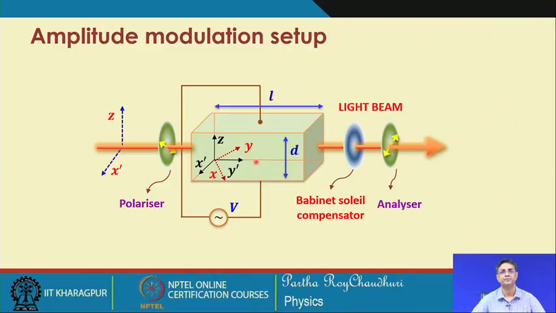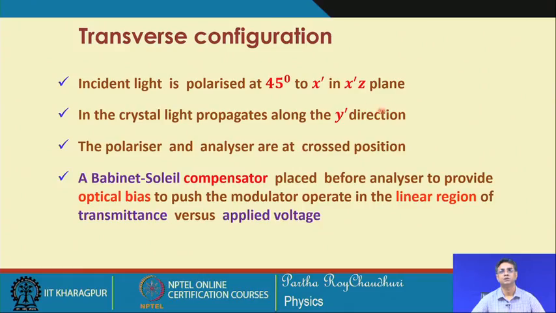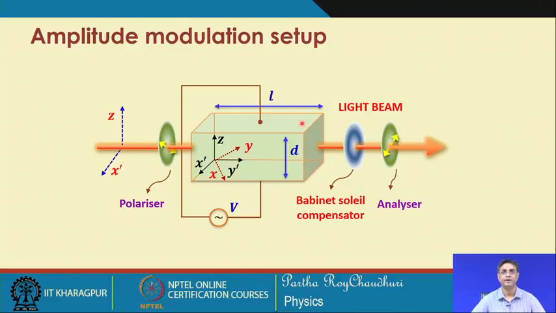Actually it is the y dash direction, because this is your x, this is your y, this is your x dash, this is your y dash. So, within the crystal the light propagates along the new principal axis, the eigen axis, that is the y dash axis. So, this is important.